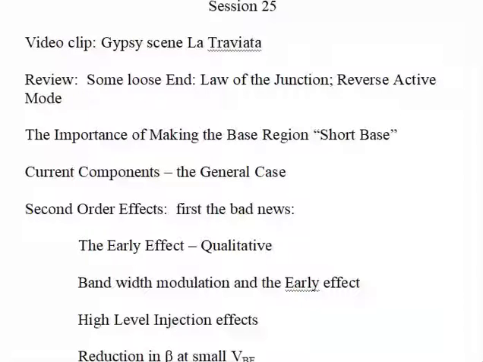So I'd like to start with tying up some loose ends in junctions, going back to the law of the junction, the law of mass action in a non-equilibrium situation, both in forward bias, which is certainly non-equilibrium, and reverse bias, which is also non-equilibrium, even though the currents in reverse bias are very low.